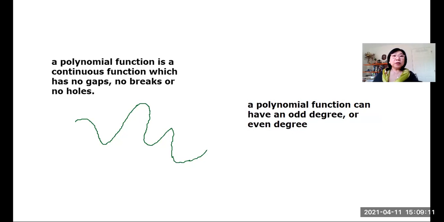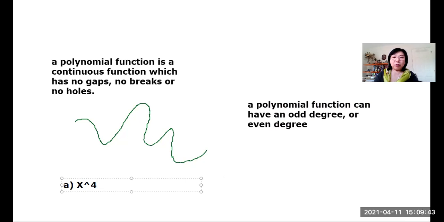For example, if I have a polynomial function here, let's say x to the power 4. A little hat here stands for the power, right? Because I cannot type in the power here, I have to use typing.